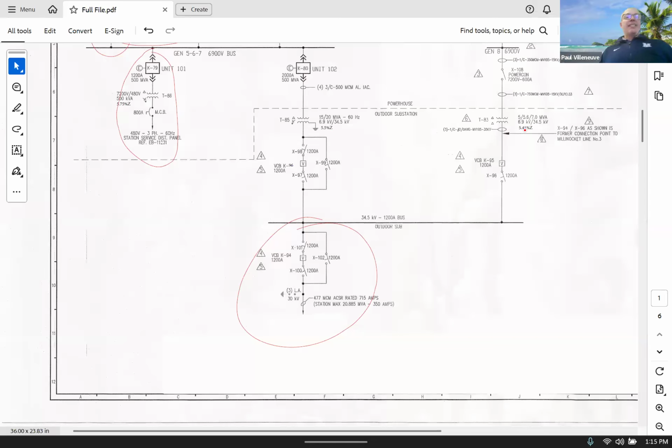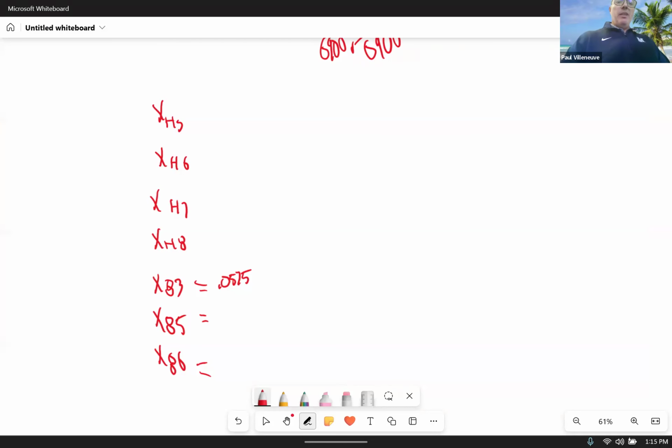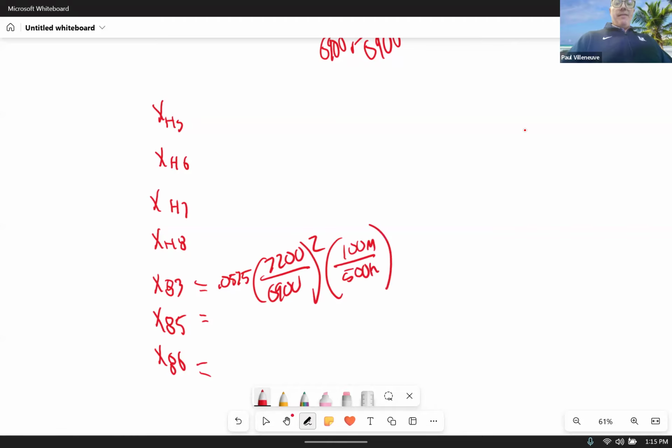But notice it is at either 7,200 or 480 for the V base, and the S base is 500 kVA. So I'm going to be doing VB old. Do you want the low voltage side or the high voltage side? I don't care. Let's do the low voltage side. So the low voltage side is 7,200 divided by 6,900, that quantity squared. And then I multiply that by SB new over SB old, 100 M divided by 500K. And that's all you needed to do for X83.